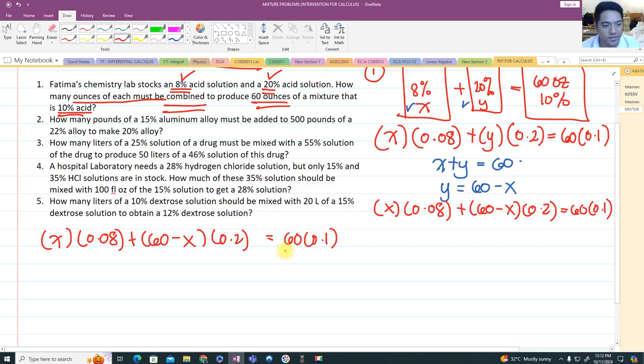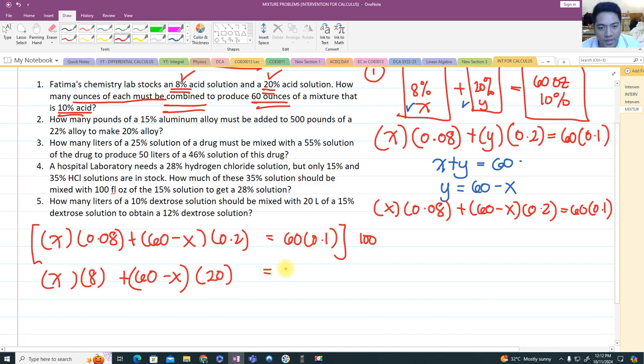If I multiply both sides by 100, this becomes x times 8, since it moves two decimals, plus 60 minus x times 20.